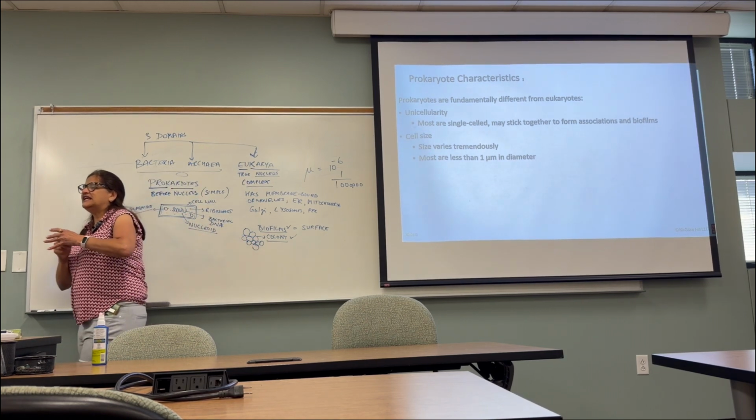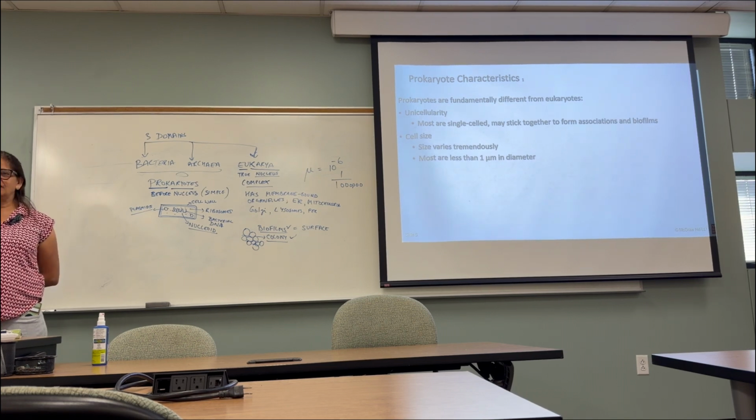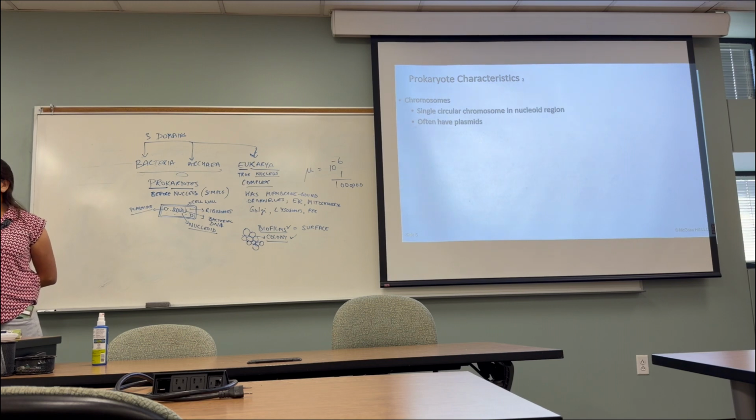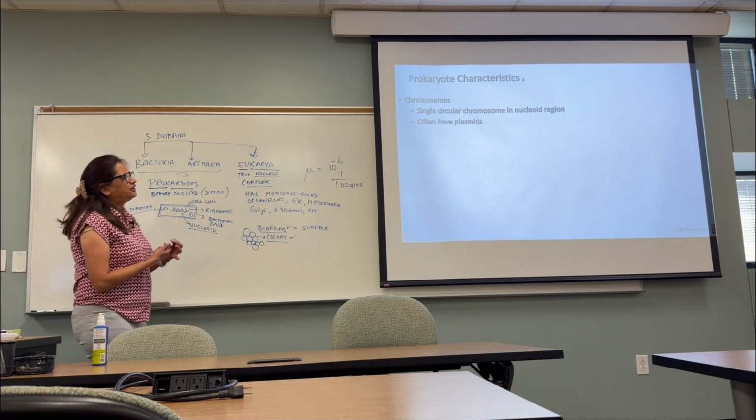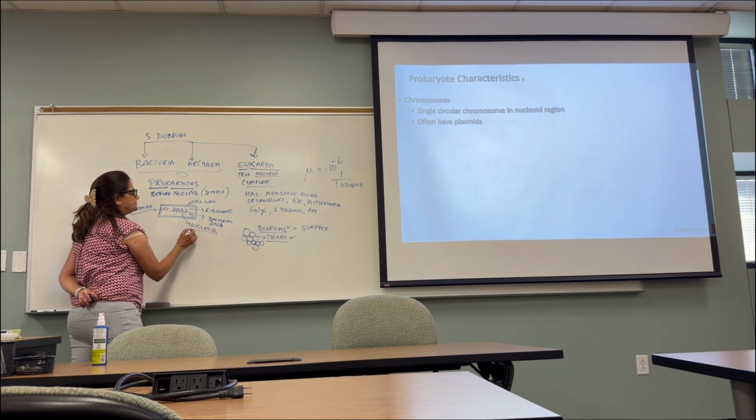That's why, remember in the lab I told you you need a 100x objective in order to view them well, which is an oil immersion lens. Now when we look at their chromosomes, they have a circular chromosome in the nucleoid region.